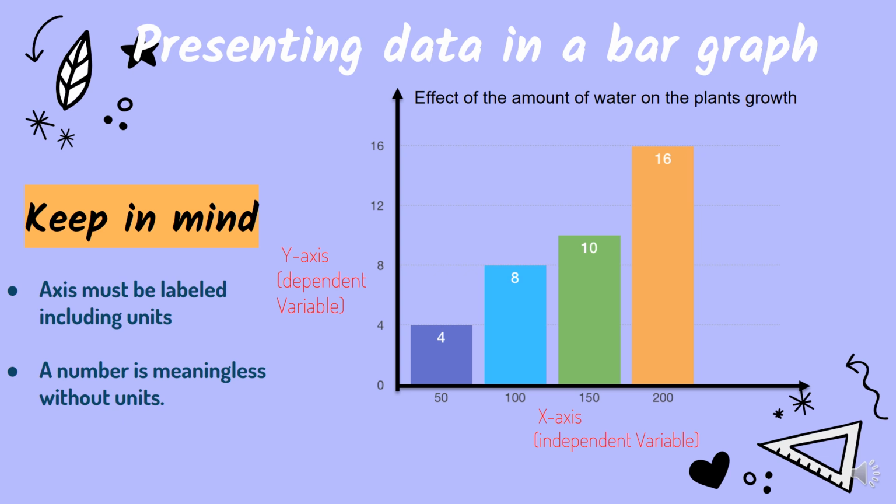Here is an example presenting data in the bar graph. Keep in mind, axes must be labeled including units, and a number is meaningless without units.